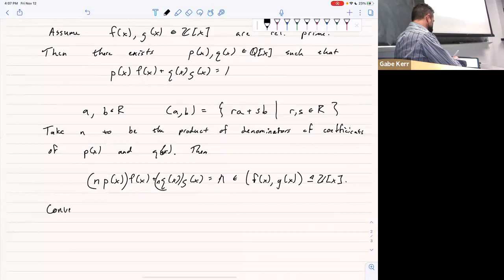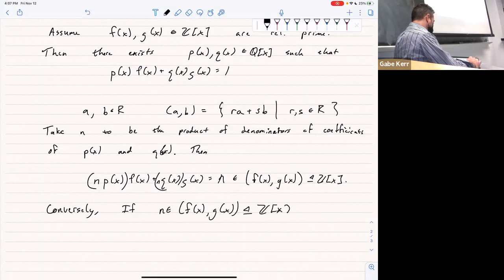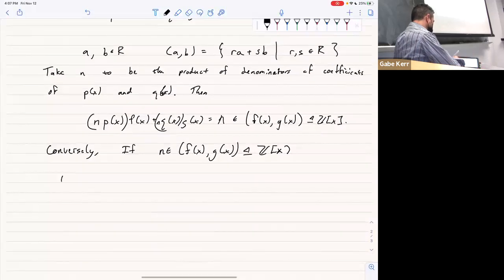Firstly, it's an element. Well, let's say H and K, and an integer.